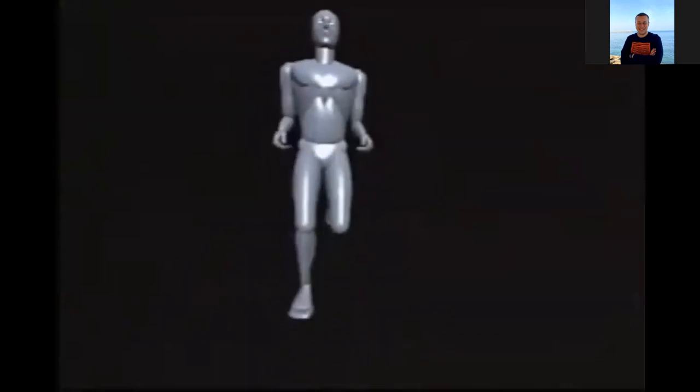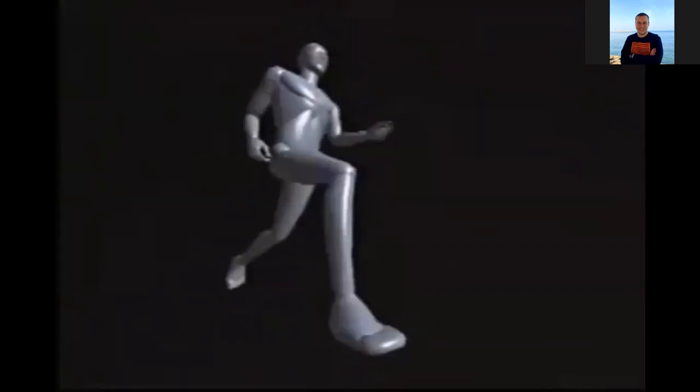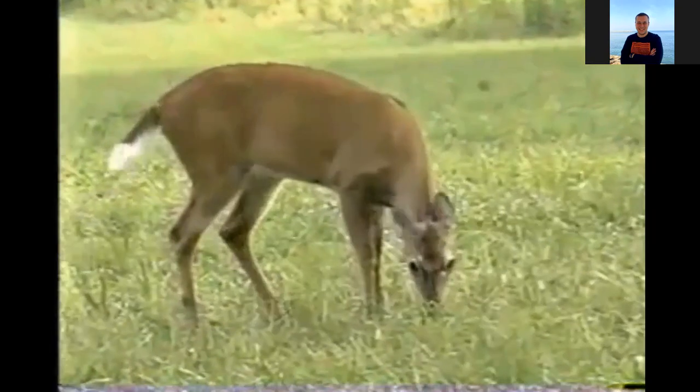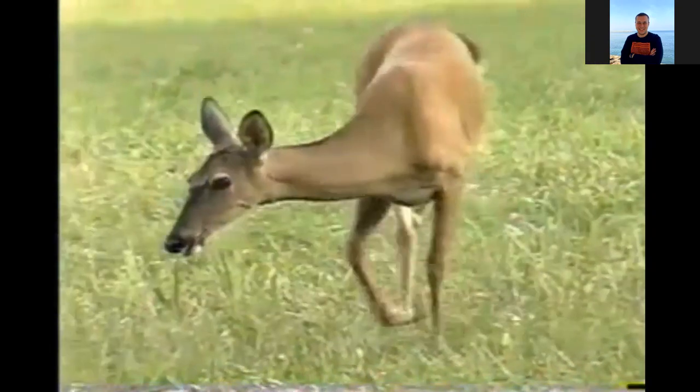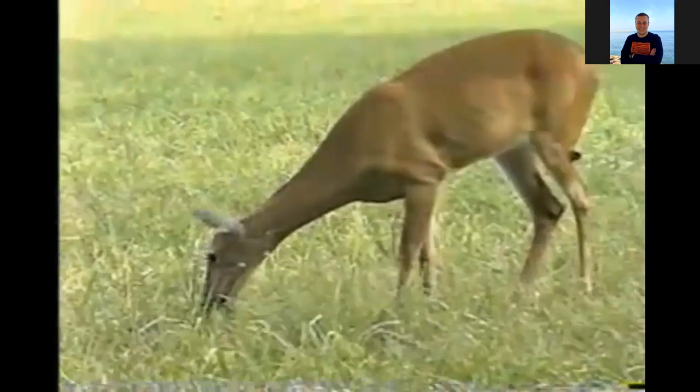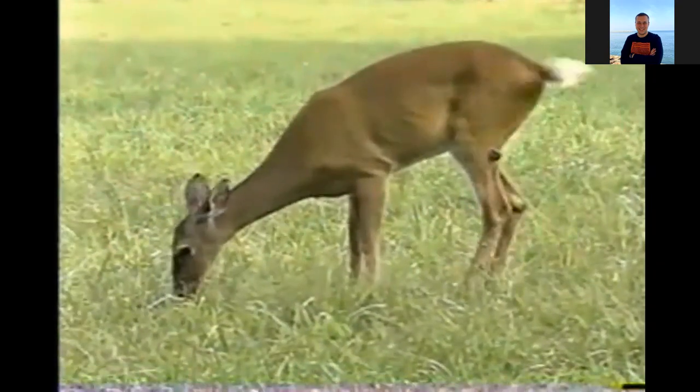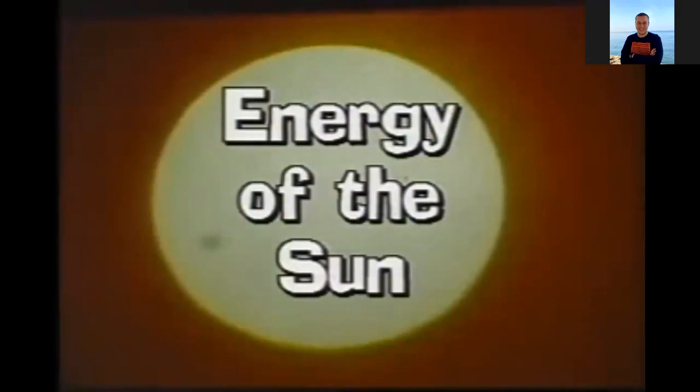Our bodies need a certain amount of these food calories to operate throughout the day. If you aren't active and just sit around, the extra food calories are changed to fat for use later. All plants and animals need food to live. Plants are the only ones that can make food, and as stated before, they need the sun to do that. So when we eat food, we are really using the energy from the sun that was stored in the plant.